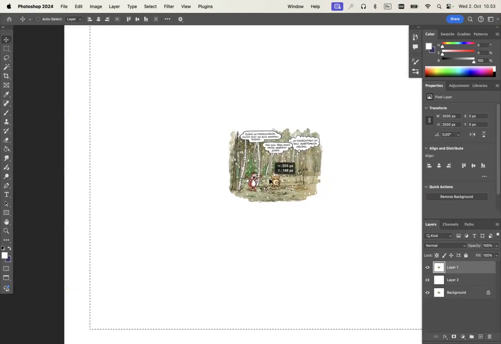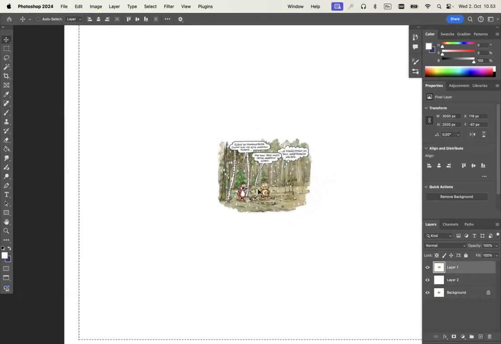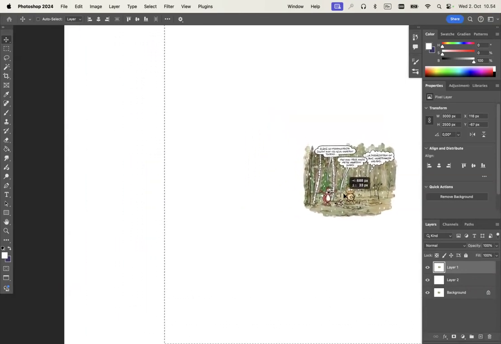Oh, now I know why it didn't want to fill anything. Okay, I did it the wrong way, it seems. But anyway, I'll move this over here. And then let's have another layer on it where I can do the actual analysis.